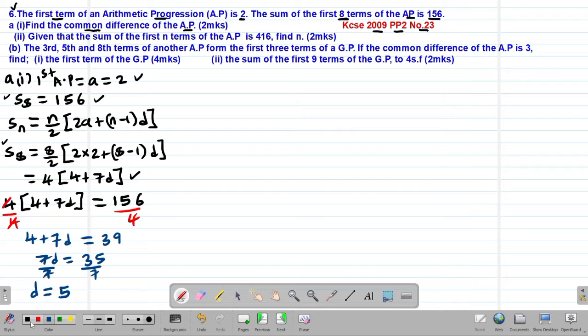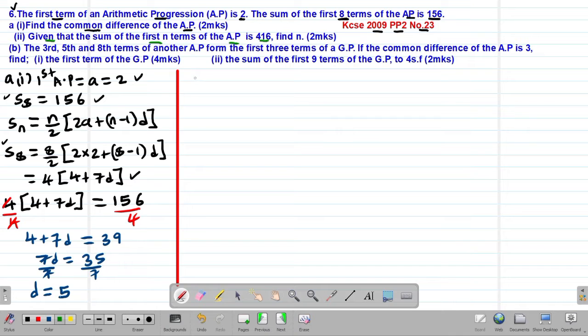So we've answered part A, Roman 1 of the question, because they wanted us to find the common difference of this particular AP. Then we are going to move to part A, Roman 2 of the question. In Roman 2, we are being told that given that the sum of the first n terms of the AP is 416, find the value of n.